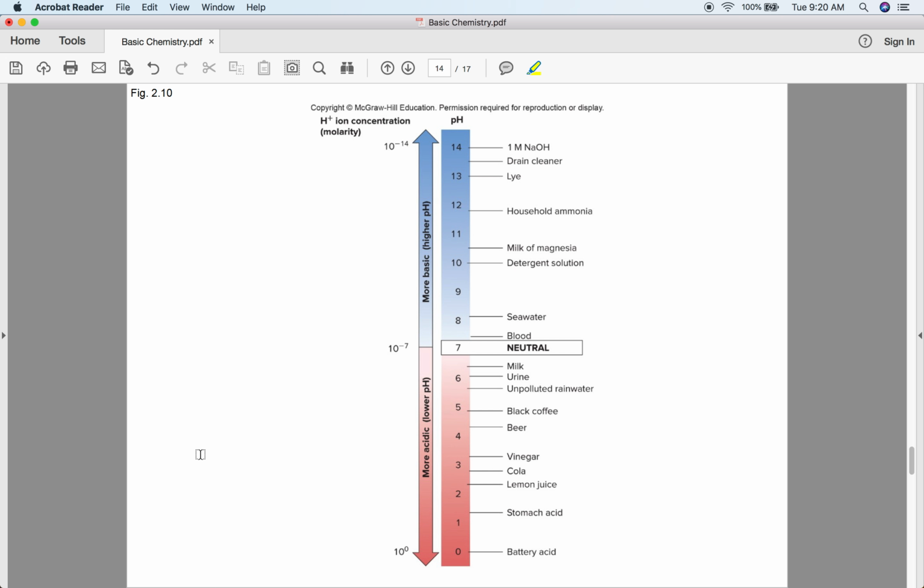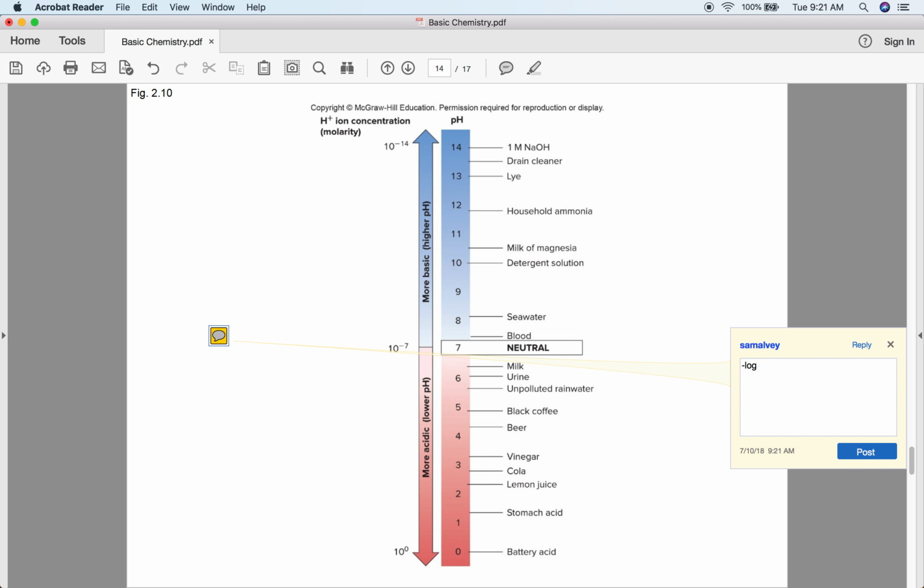Now, another property of water is pH. This is the hydrogen ion concentration. The pH scale is the negative log of the H plus concentration.